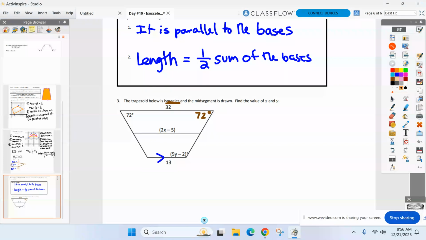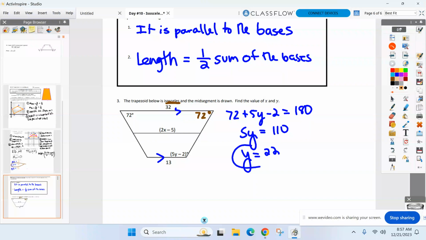A pair of opposite sides are parallel, and these are same side interior angles. They're not equal, they are supplementary. So 72 plus 5y minus 2 equals 180, which gives 5y equals 110, and y is 22.